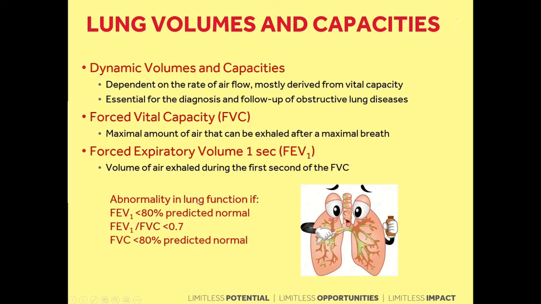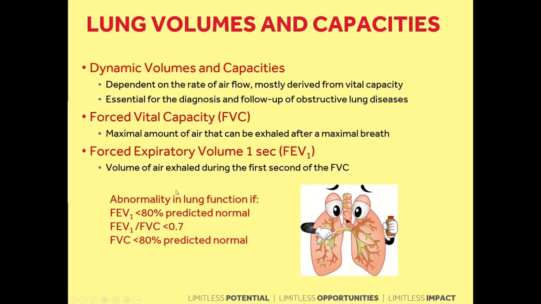Why do we measure FVC and FEV1? Because abnormality in lung function can be detected or diagnosed if the FEV1 is less than 80% of the predicted normal value, if the FVC is less than 80% of the predicted normal value, and if the ratio between FEV1 and FVC is less than 0.7.